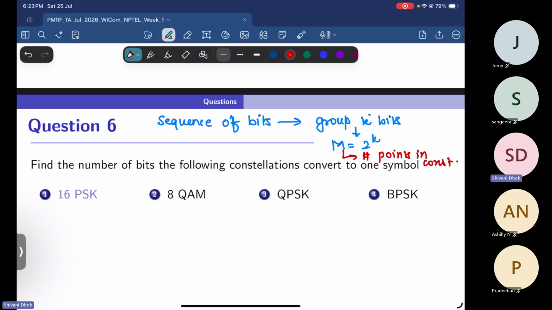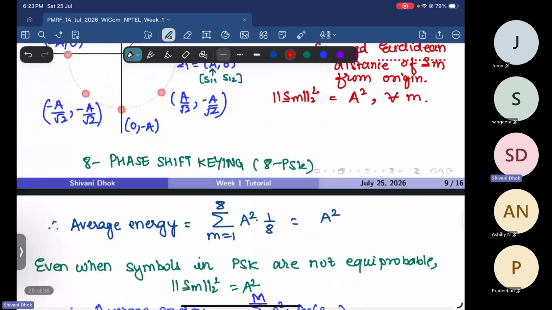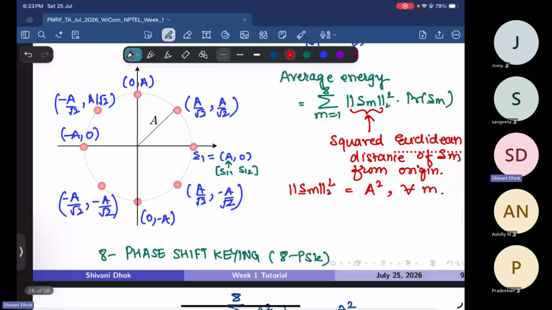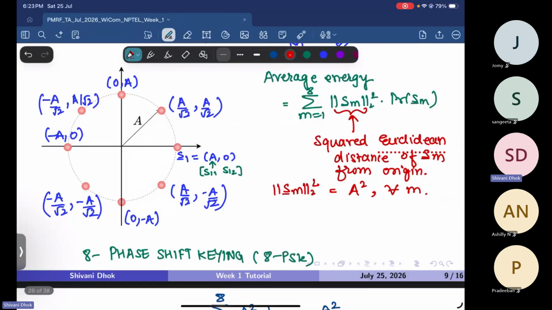So when someone is saying M-PSK, M-QAM, they are referring to the number of points in the constellation and not the number of bits that are used to represent the constellation. For example, the fourth question we saw was an 8 PSK system. So there were 8 points in the constellation.